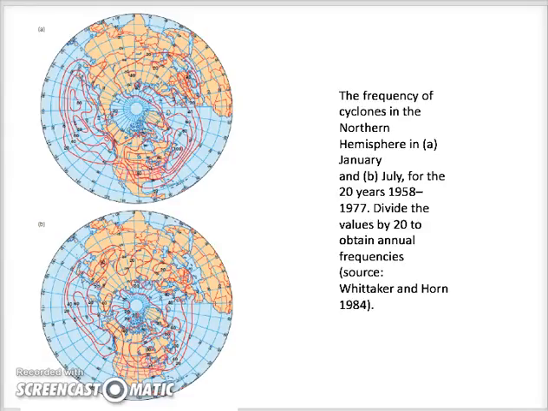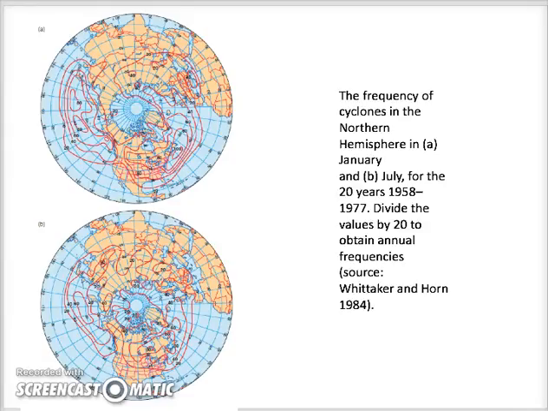So, storm frequency and tracks. Storms include extratropical cyclones in middle and high latitudes, and tropical cyclones, hurricanes, and typhoons. Cyclones are characterized by their diameter, center pressure value, and intensity.